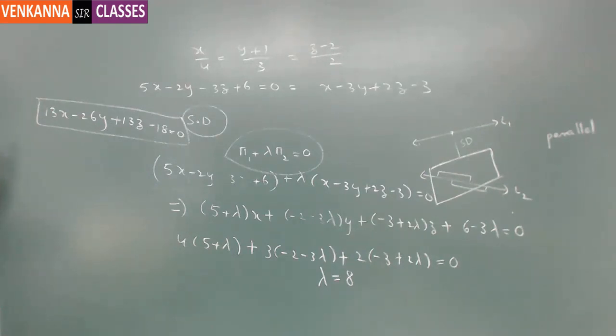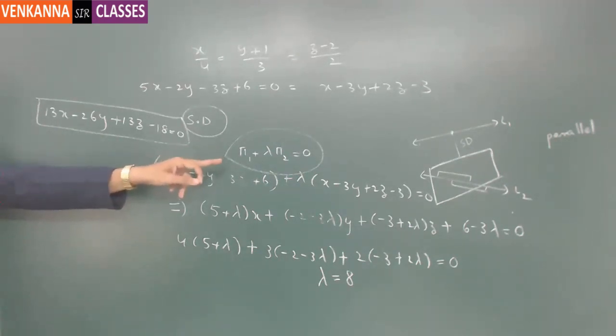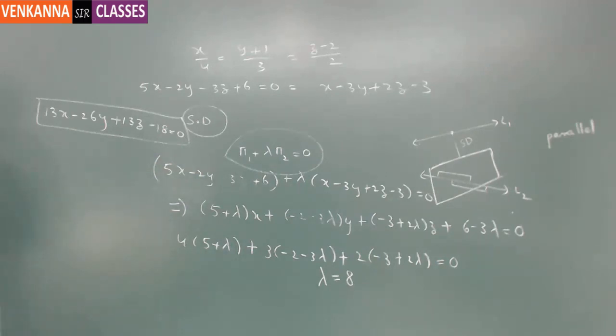You can use parallel, passing through a point, perpendicularity, passing through coordinate planes, anything you can apply for the condition to determine the lambda. So if the plane is parallel to L1, then the normal will be perpendicular to that one, right? That was the idea behind it. So here lambda is determined as per our condition. You are finding lambda as per our required choice. That was the idea here.